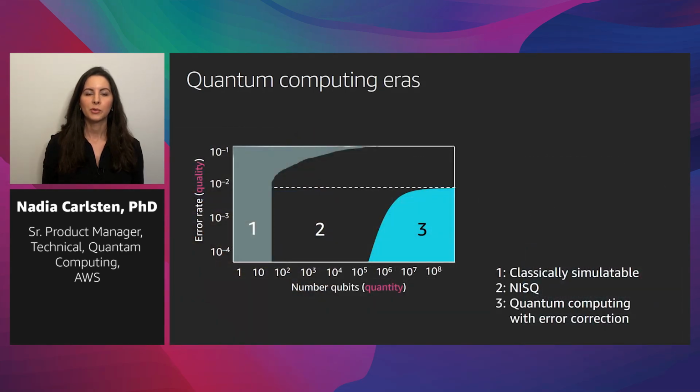To get a visual representation of what I just mentioned, we can just plot error rates, which is a measure of the noise in the system, against the number of qubits. A low amount of noise means better quality, and having more qubits expands the range of problems that we can solve with quantum computers. So we obviously want to be in the blue area to the right.